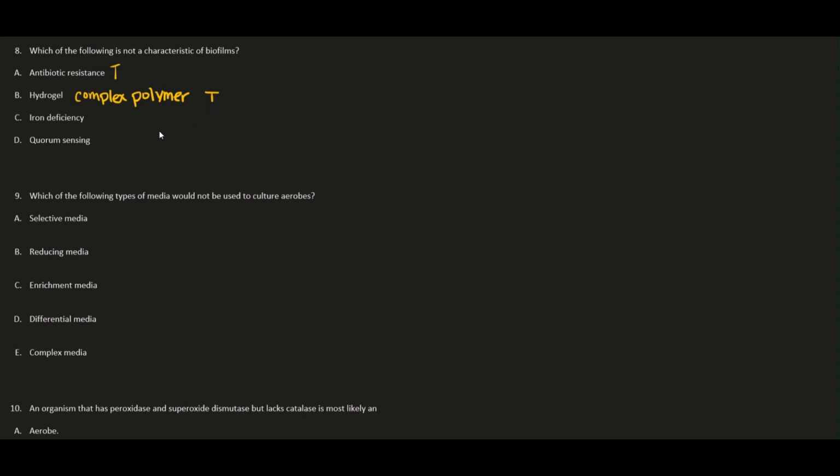Iron deficiency. A lack of iron inhibits surface motility. It helps aggregate bacteria, which would give us a biofilm. So we're going to put lack of iron inhibits surface motility.